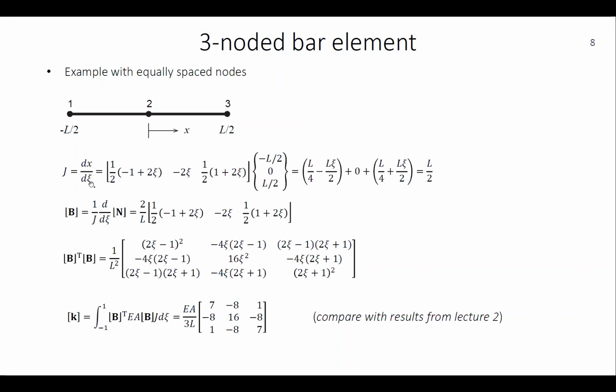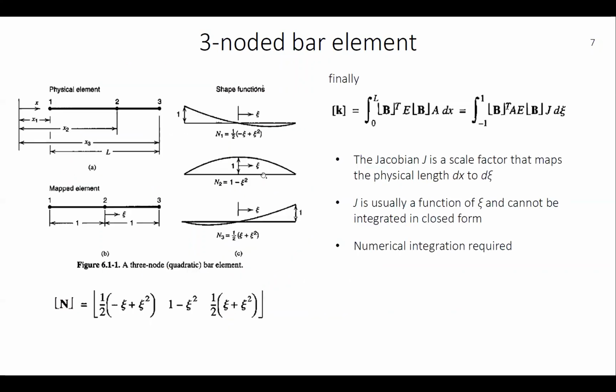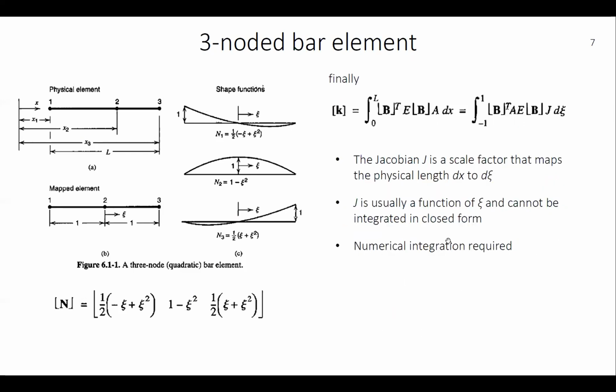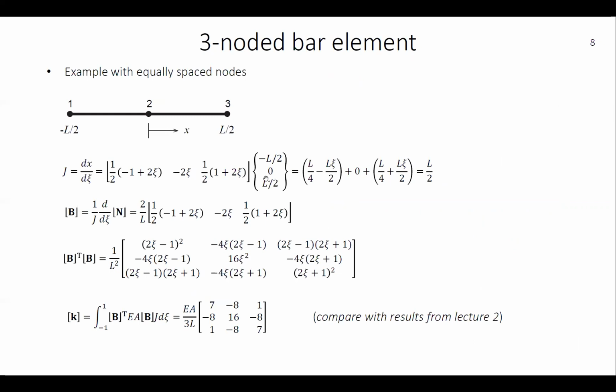So we have dx/dxi like this times the physical coordinates from minus L/2 to plus L/2. So this is the same as we were doing here to evaluate the Jacobian. But if we rearrange a little bit, we will end up that this has a constant value of L/2.